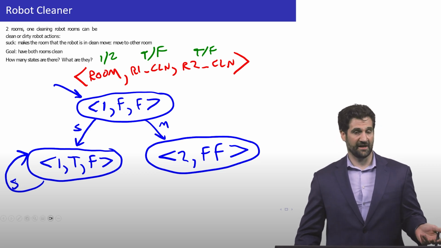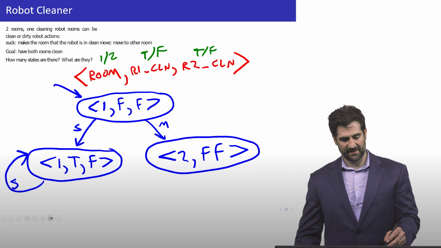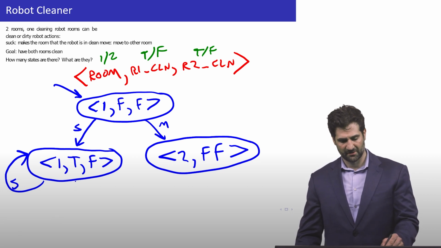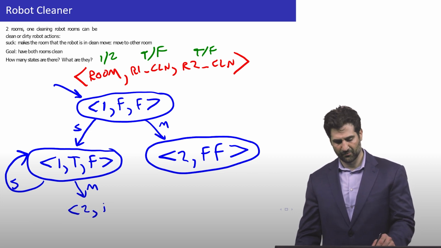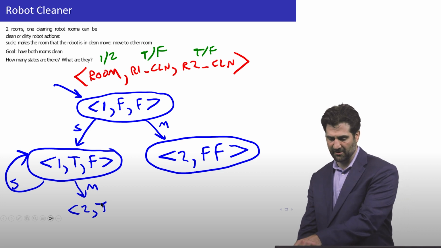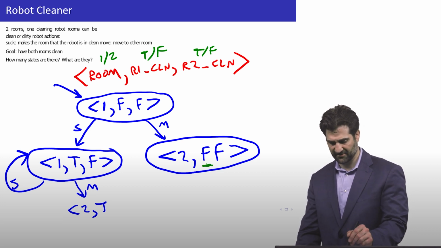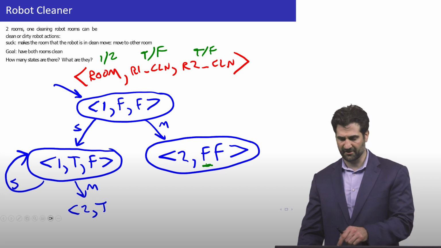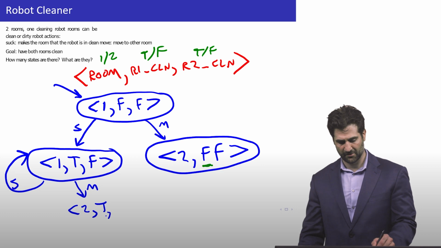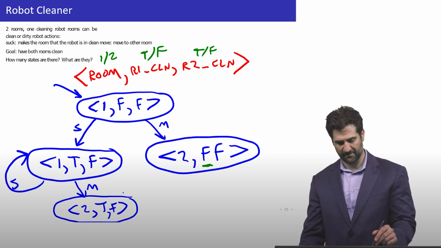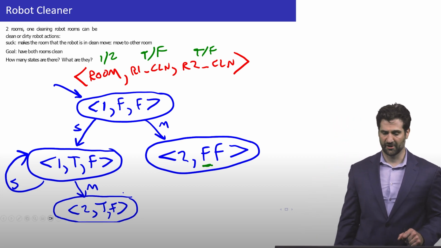Notice I did not have to add another state. Now let's say the robot moves, and if the robot moves, it's now in room 2, but room 1 is clean. So notice up here, this is a different state because room 1 was still dirty. Going below here, room 1 is clean, but now room 2 is still dirty. So that's what happens when the robot moves to room 2 after cleaning room 1.